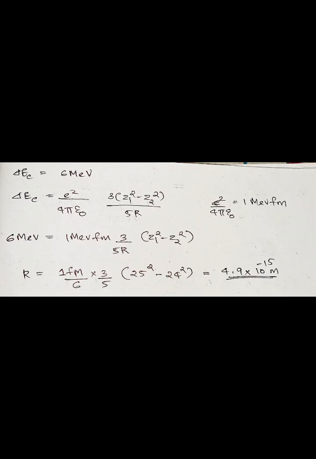That is, R = 1 femtometer/6 × 3/5 × (25² − 24²). This is equal to 4.9 × 10^-15 meter.